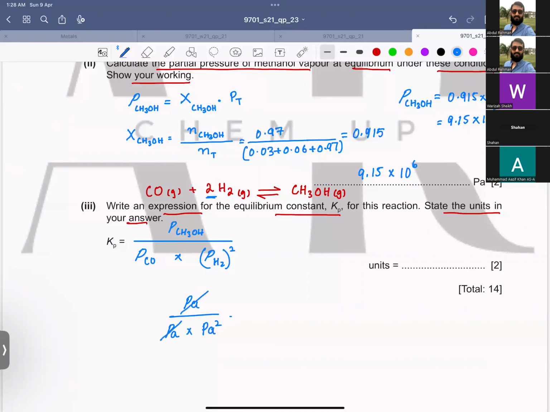So these would cancel out and I would be left with pascal inverse square. So I will write over here pascal inverse square. Yes, is this part clear to everyone?